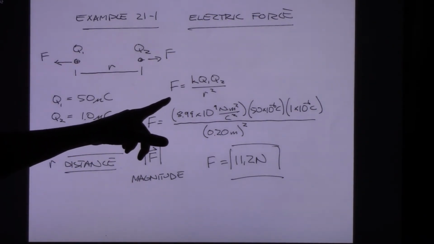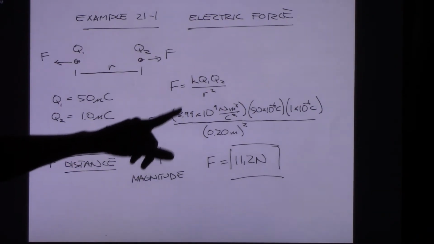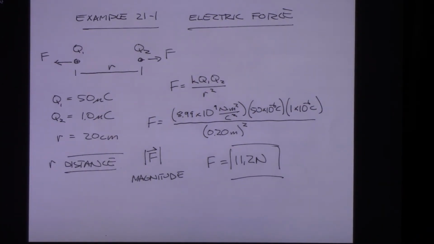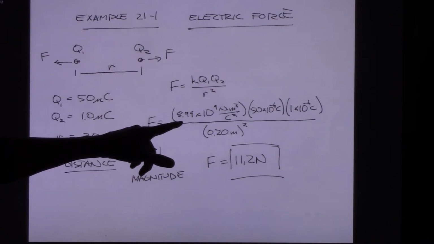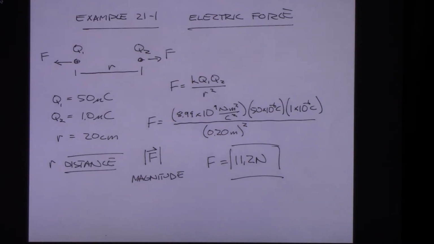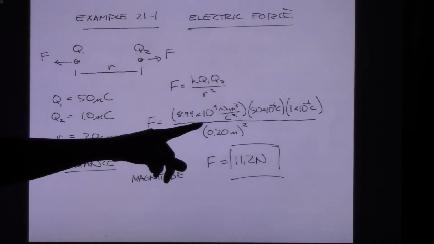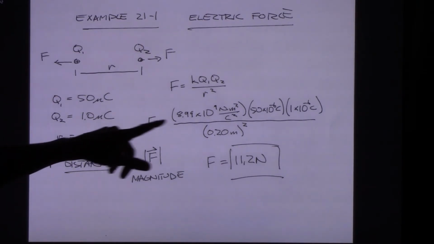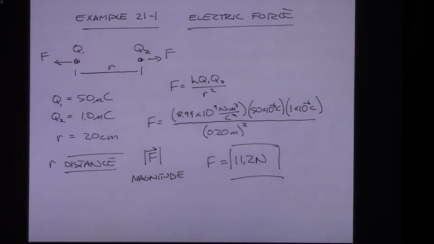Here's the force equation, which I'm going to claim is written in the easy format, where we're using the electromagnetic force constant, little k. I've written that down, 8.99 times 10 to the 9th newton meters squared per coulomb squared. I wrote in 50 times 10 to the minus 6 coulombs for microcoulombs, 1 times 10 to the minus 6. And the distance between them is 20 centimeters.